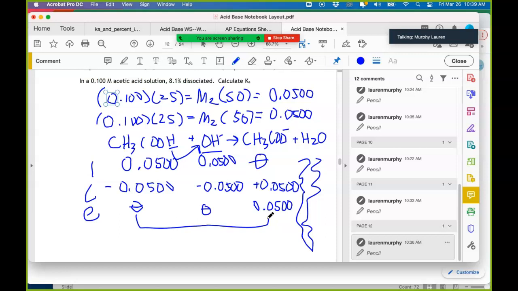In a weak, strong titration at the equivalence point, actually write this down word for word. In a weak, strong titration, or strong, weak, whatever, at the equivalence point, the salt will undergo hydrolysis.